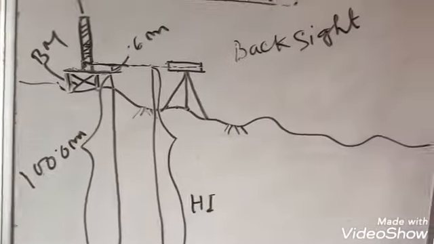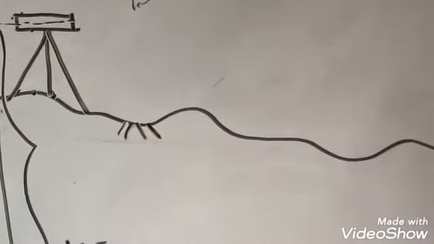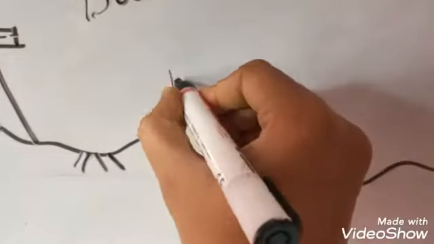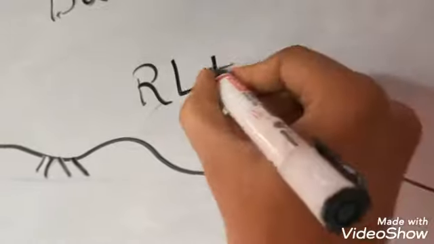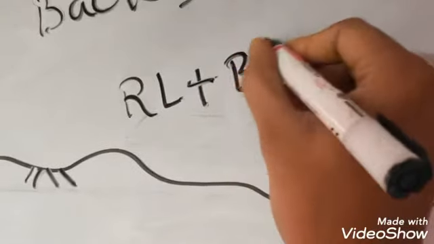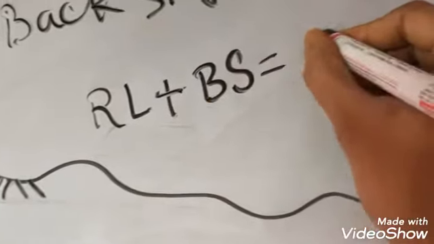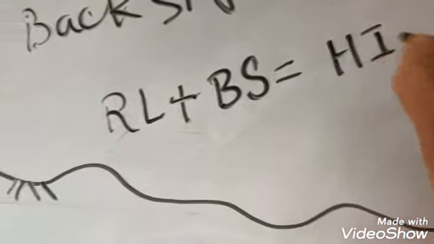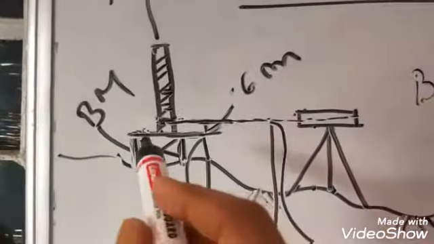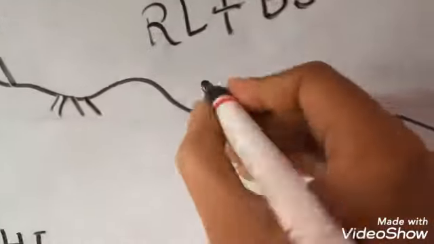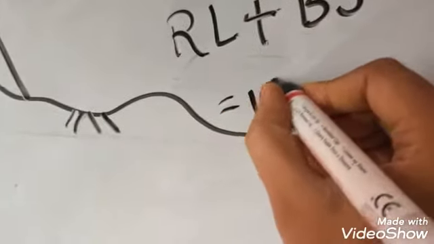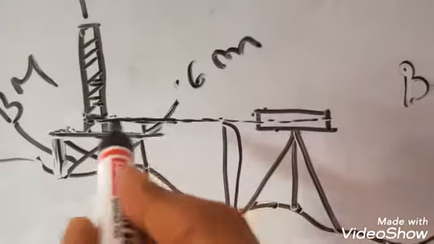So always remember this expression: RL plus backside reading is equal to height of instrument. Now, the RL of this benchmark is how much? 100. And what is the backside reading? It is 0.6 meter.